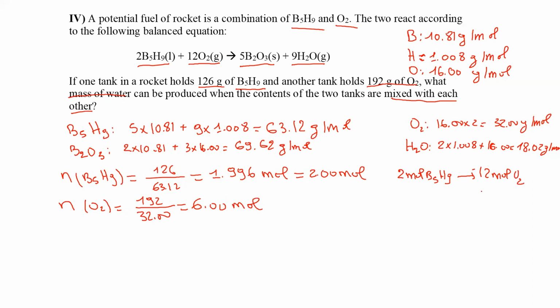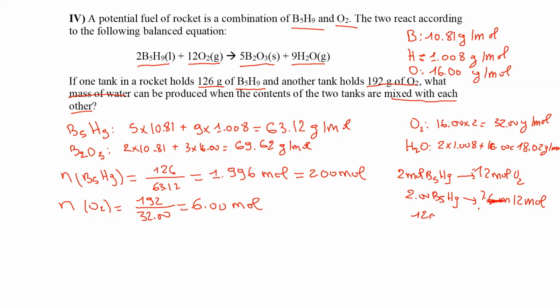So let's say if I have 2.00 of B5H9, I should have 2 times 12, 24 divided by 2, so 12 mole of oxygen.